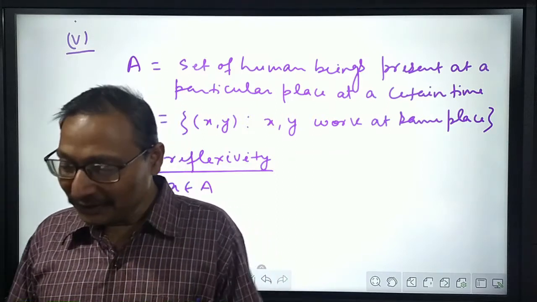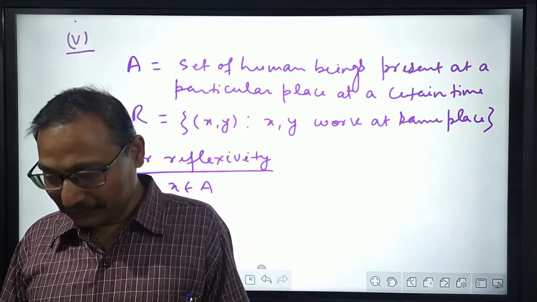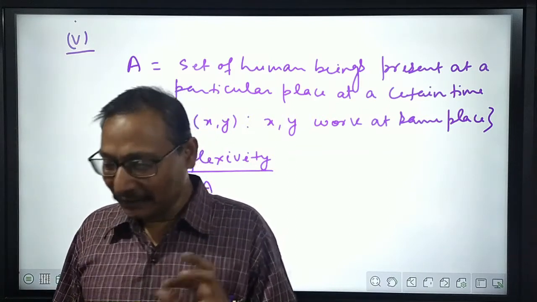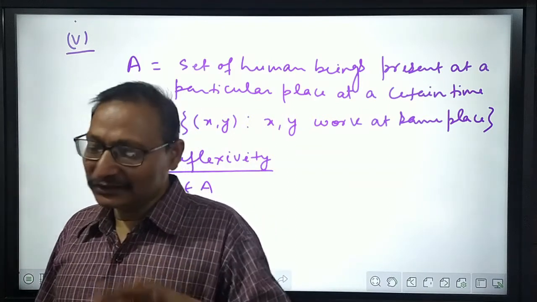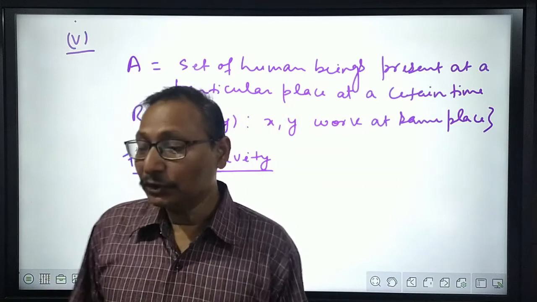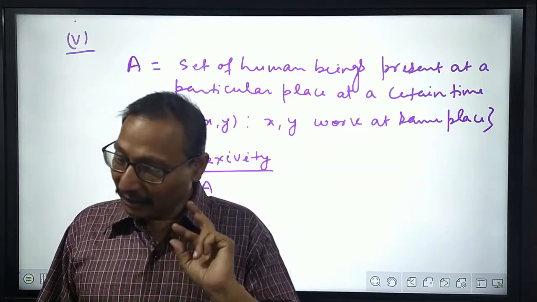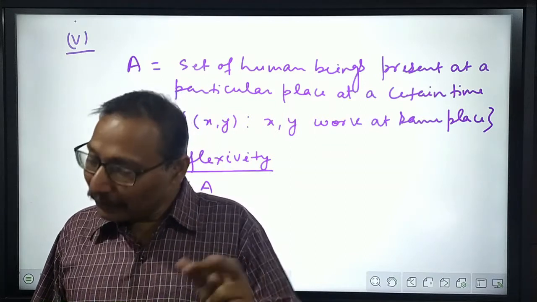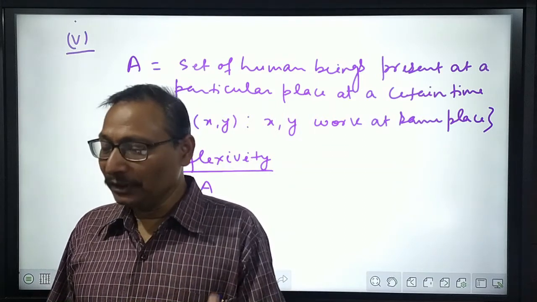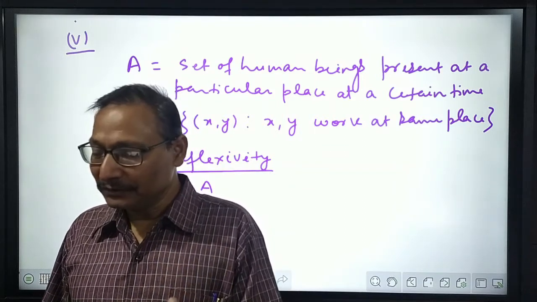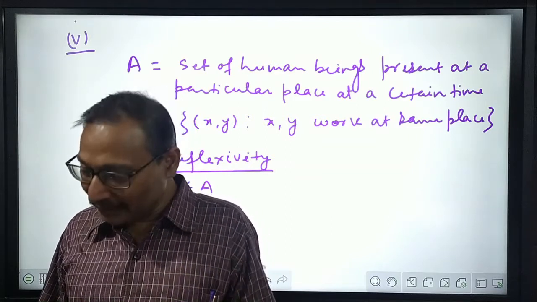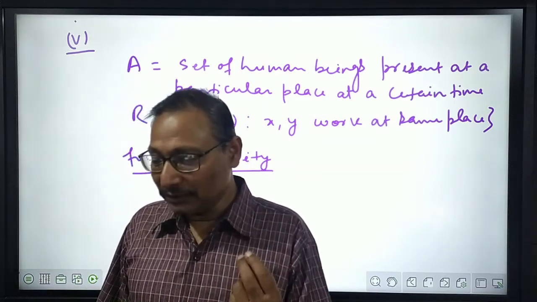For having a pair like this, x comma x, x is related to x, we should check whether the first element x and the second element x are working at the same place or not. Surely these two are the same person, and if these two are same, they are surely working at the same place.